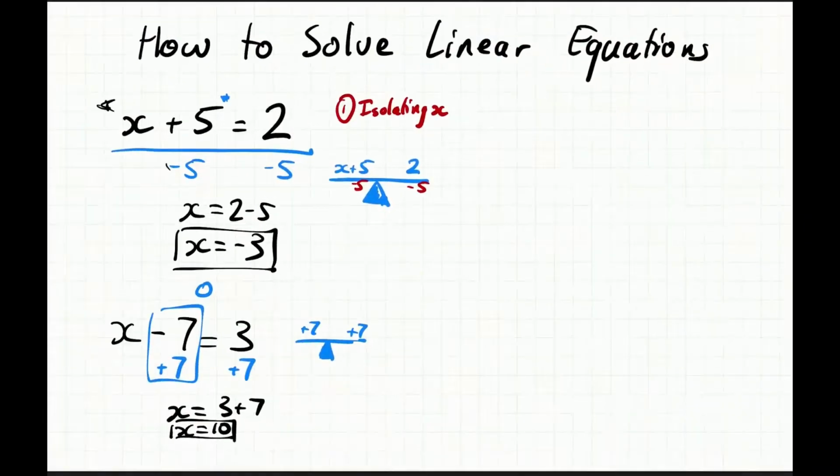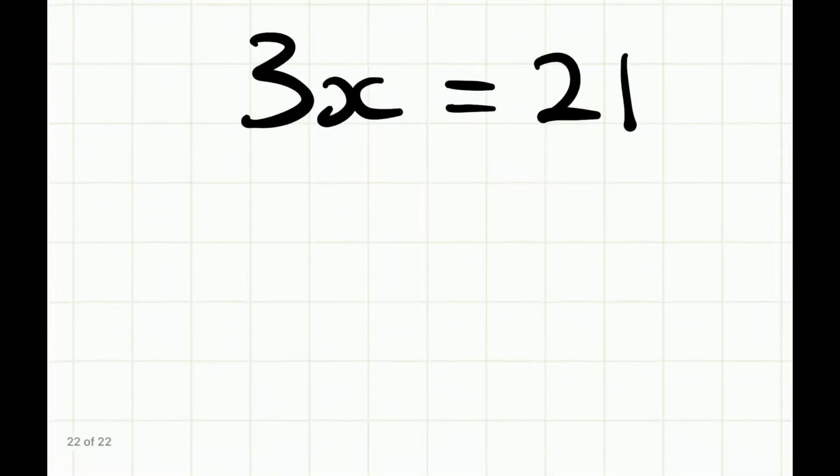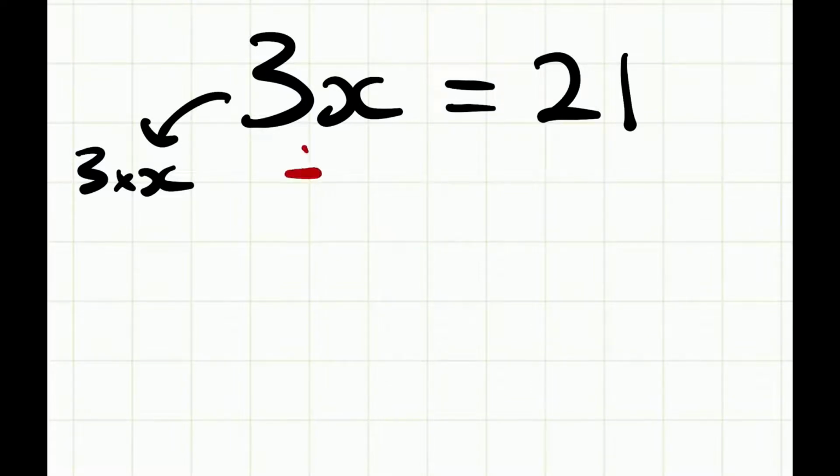Okay, let's look at another two examples. This time, let's just say that we have something like 3x is equal to 21. This time, what we can see is that x is being multiplied by 3. So 3x is the same as going 3 times x. And the way that we get rid of the 3 in this case is by applying the inverse operation.